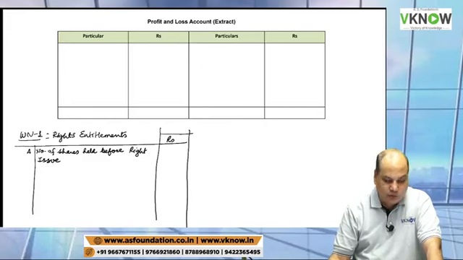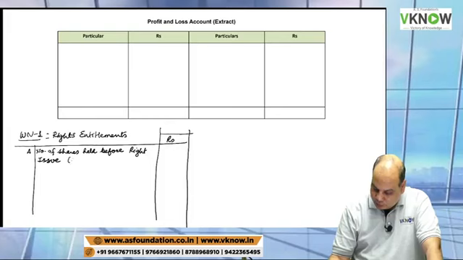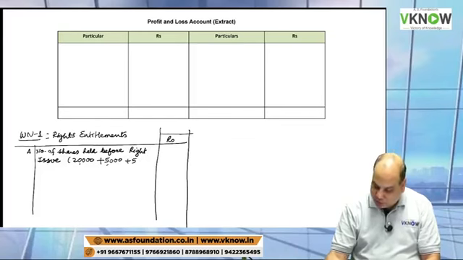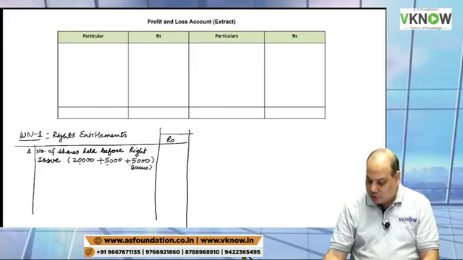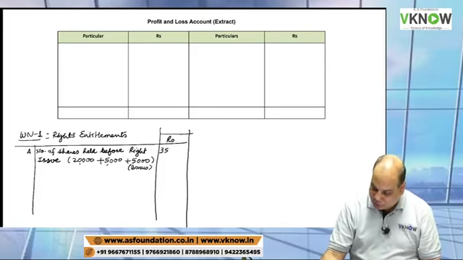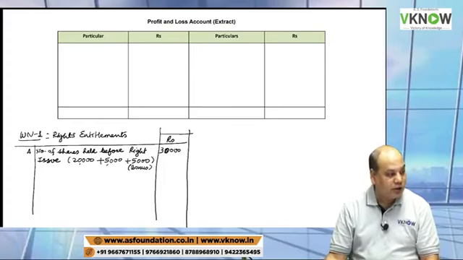So you have opening number of shares 20,000 plus 5,000 shares purchased on 1st June and plus 5,000 bonus shares received. So we were holding 35,000 shares. No, sorry, 30,000 shares.